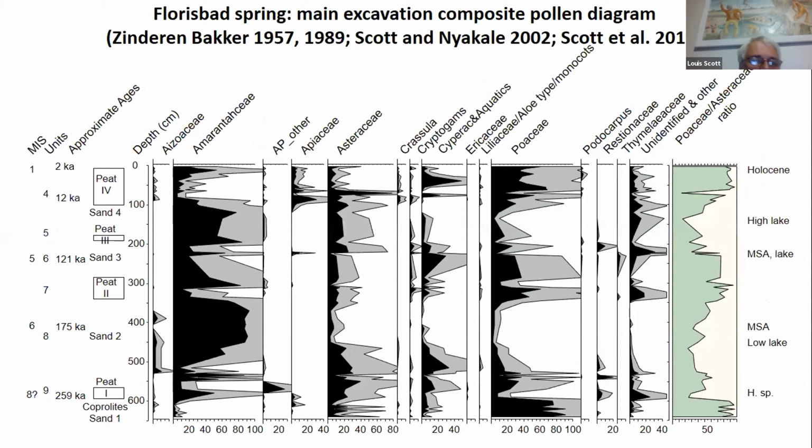So you get this kind of spiky pollen diagram, and many of those spikes are probably not related to regional climate, but simply to local changes in the architecture of the spring mound. So these are problems we have.